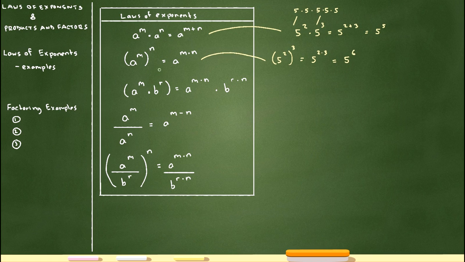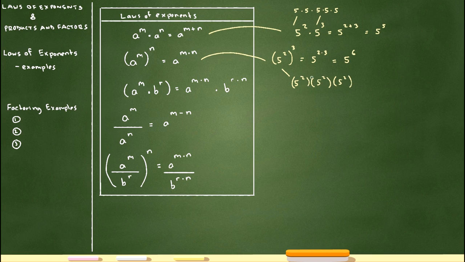Now this law is also fairly easy to discover on your own if you just think about what the exponents mean. Here we have 5 squared, and it's being cubed. So that means this right here is 5 squared times itself 3 times. Times 5 squared times 5 squared.